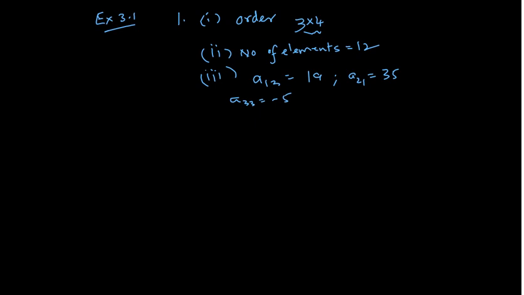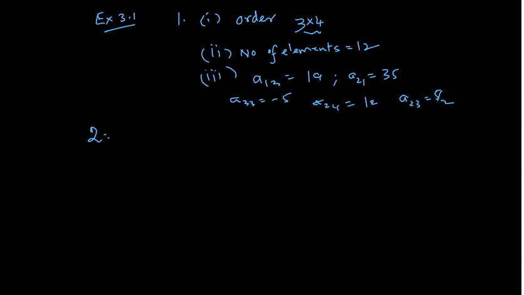Second question: if a matrix has 24 elements, what are the possible orders it can have? It's simply getting the factors. That means 24 elements are there. So it can be 1 by 24 or 24 by 1. It can be 2 by 12 or 12 by 2, or 3 by 8 or 8 by 3.